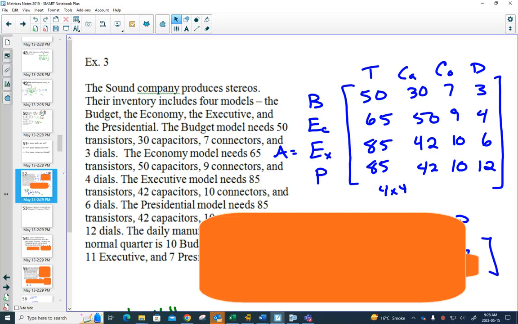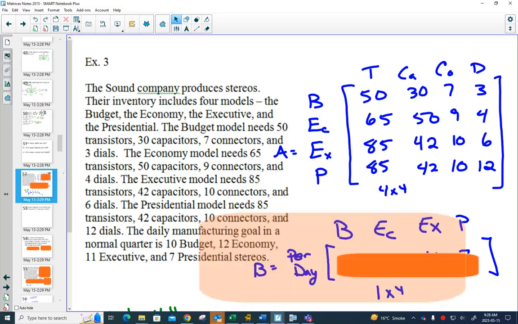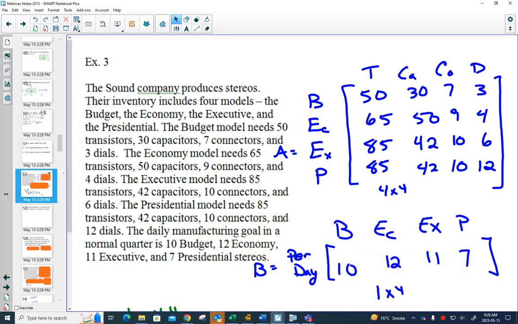So that's a lot of numbers. Then we look at the other information that we have, and we are told how many they produce per day. So this time, I made sure that I put the beep across the top and the per day at the bottom.